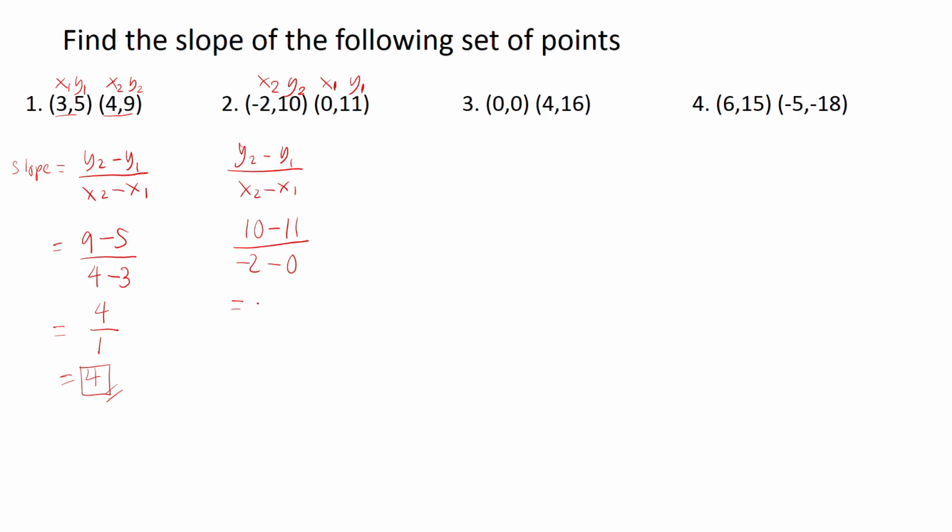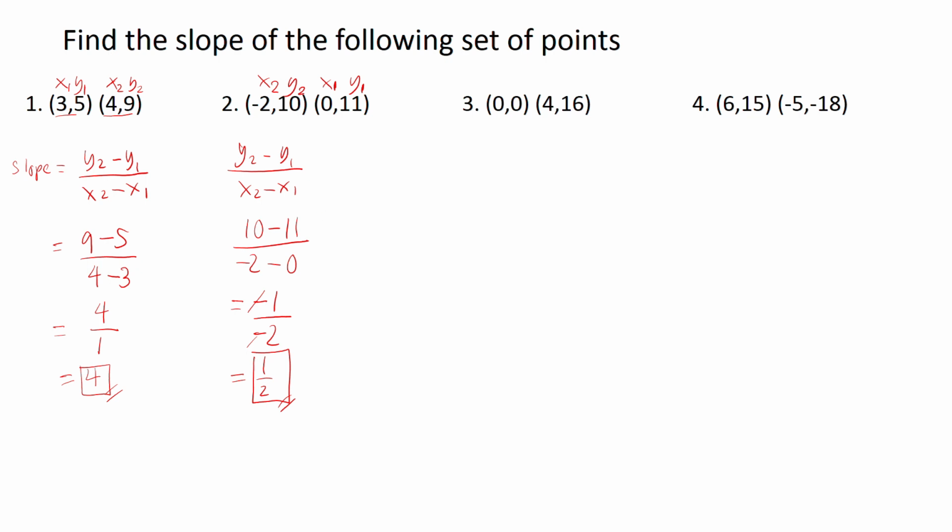That is negative 1, all over what's negative 2 minus 0? Taking nothing from negative 2, you will still have negative 2. When you see this kind of fraction, negative 1 over negative 2, just cancel the negatives. So you will have 1 half. That is your slope for the second example.